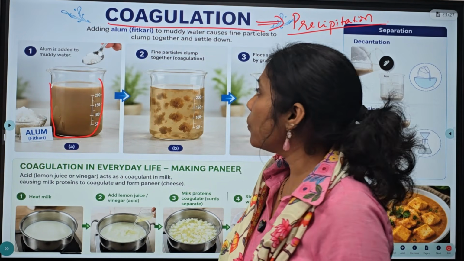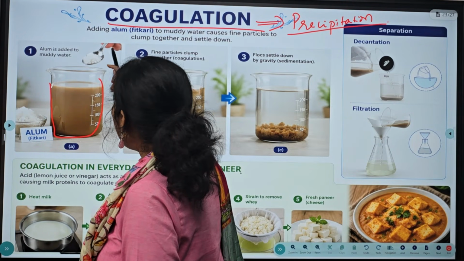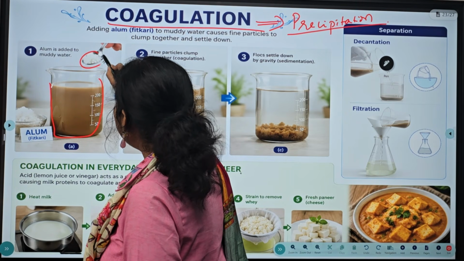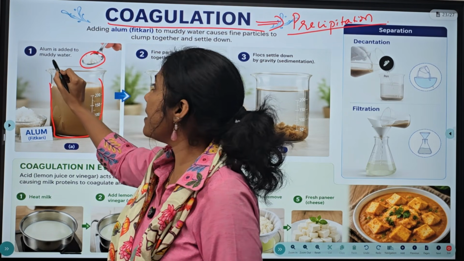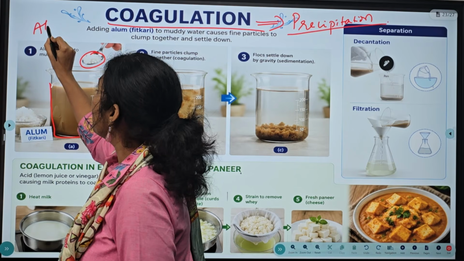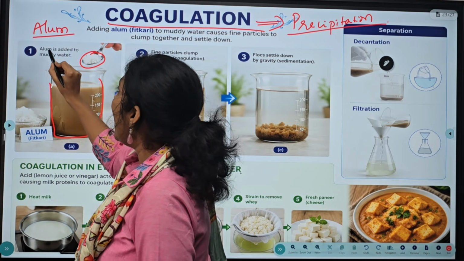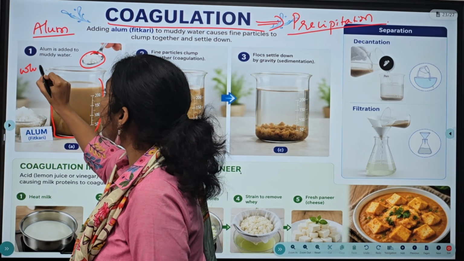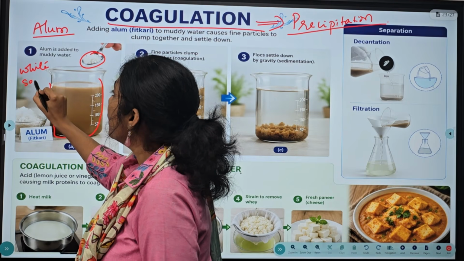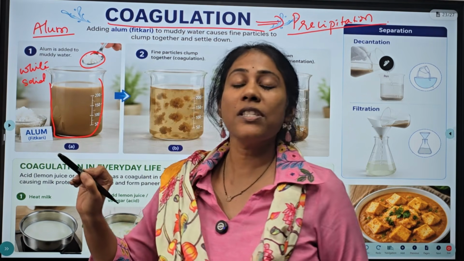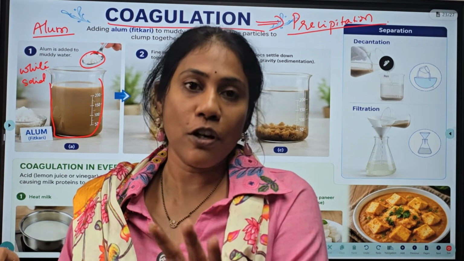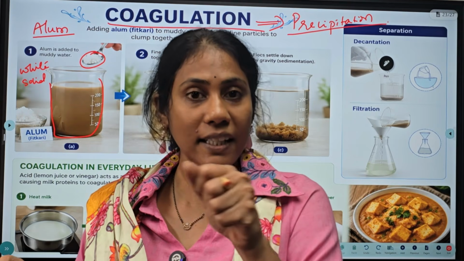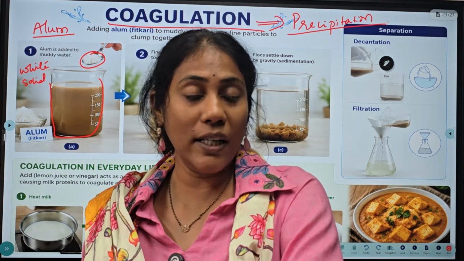So what I will do here is, look, I am adding white colored crystals. These are called alum. Alum is a white solid, usually used in the purification of water. If you want to purify water, they add this white powder called alum.